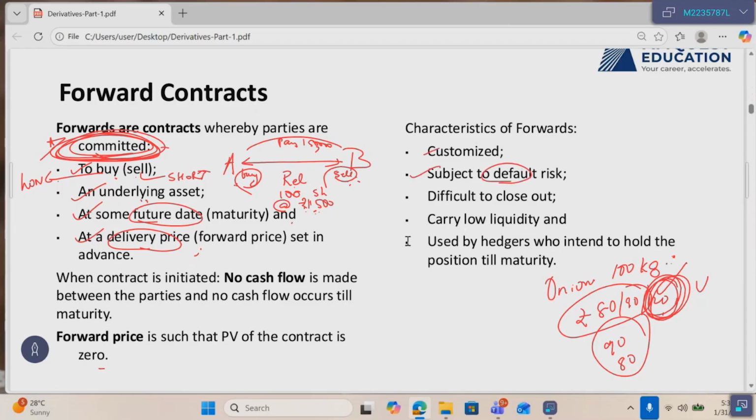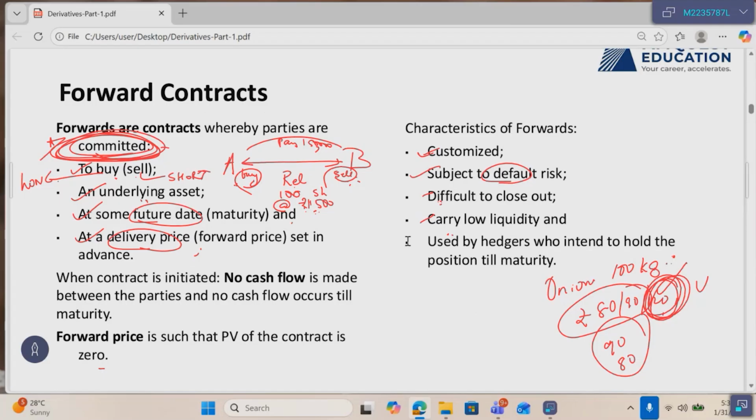Remember, you're dealing with the person directly, he may disappear. It's difficult to close out. They carry low liquidity, and they're used by hedgers. Clear? So normally forwards are not speculative. The person with a forward contract is very clear that he wants to mitigate his loss.